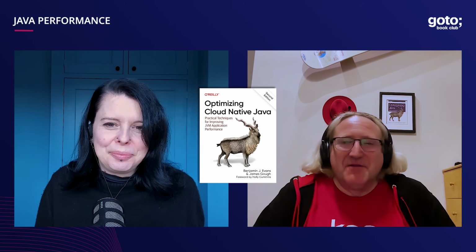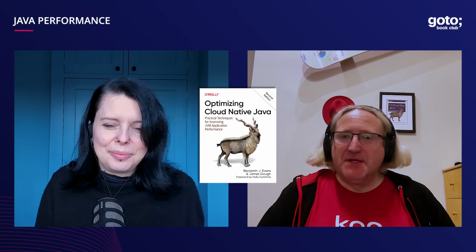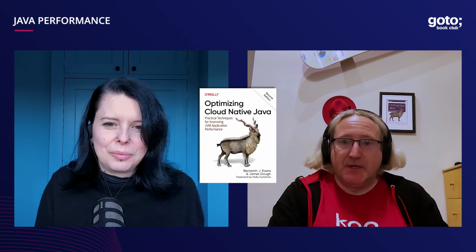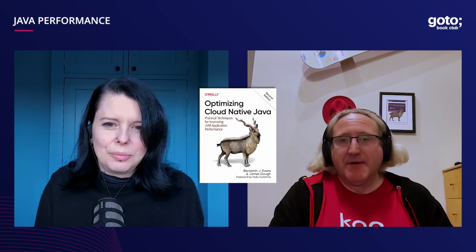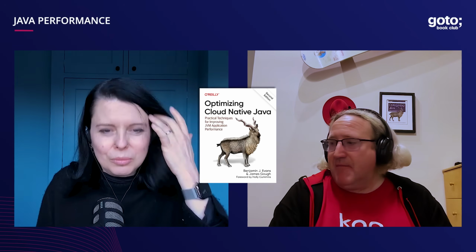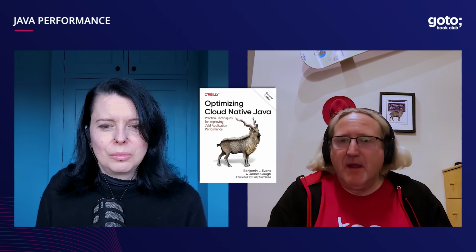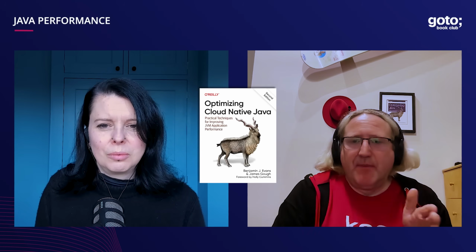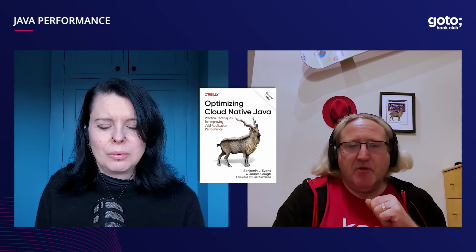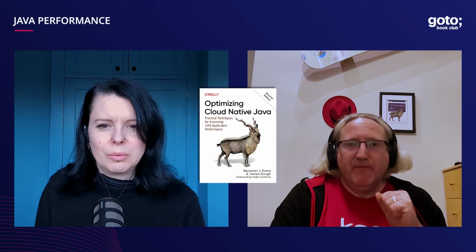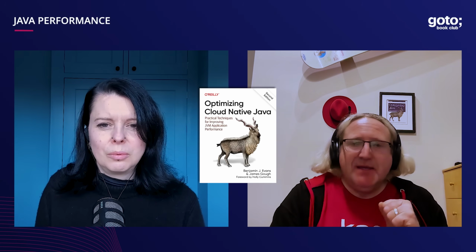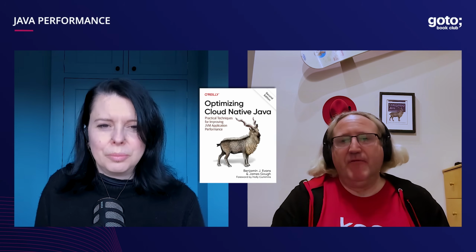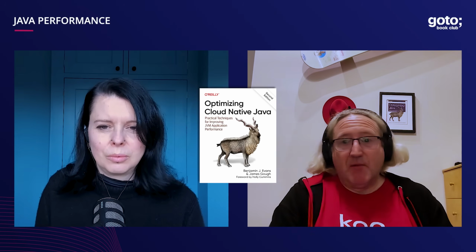Right. Okay. So yes, in the case of Optimizing Java, it really is about a one-time shift. When the first edition came out, the original Optimizing Java, I think that was probably the last time where you could write a Java book and have it find its audience by speaking solely about single JVM performance. That world is gone.